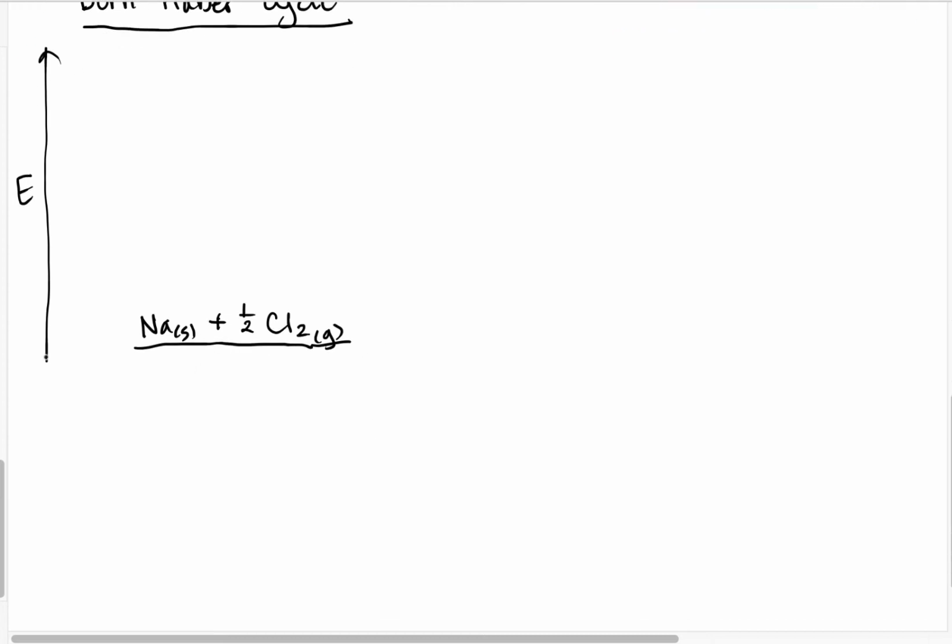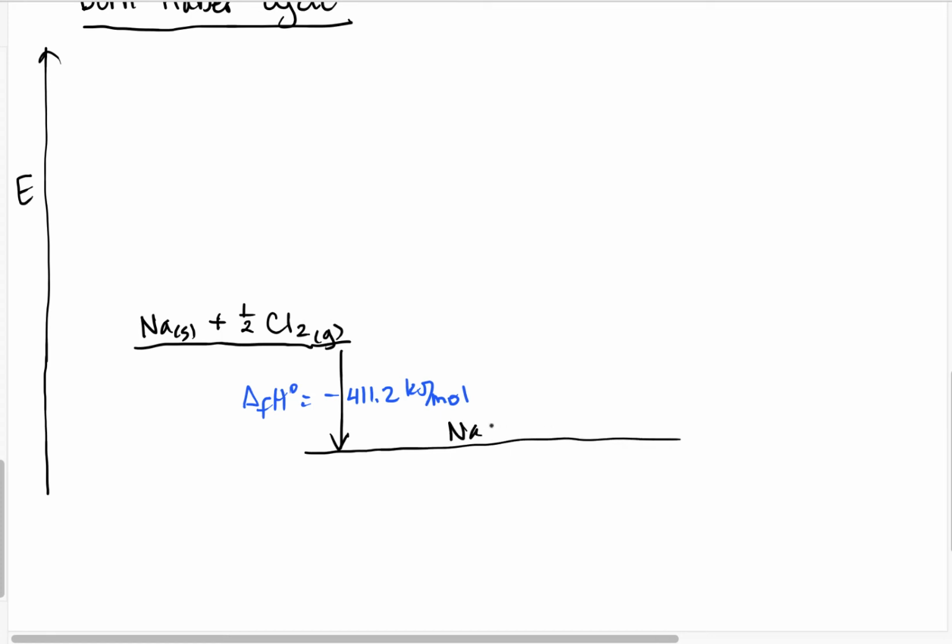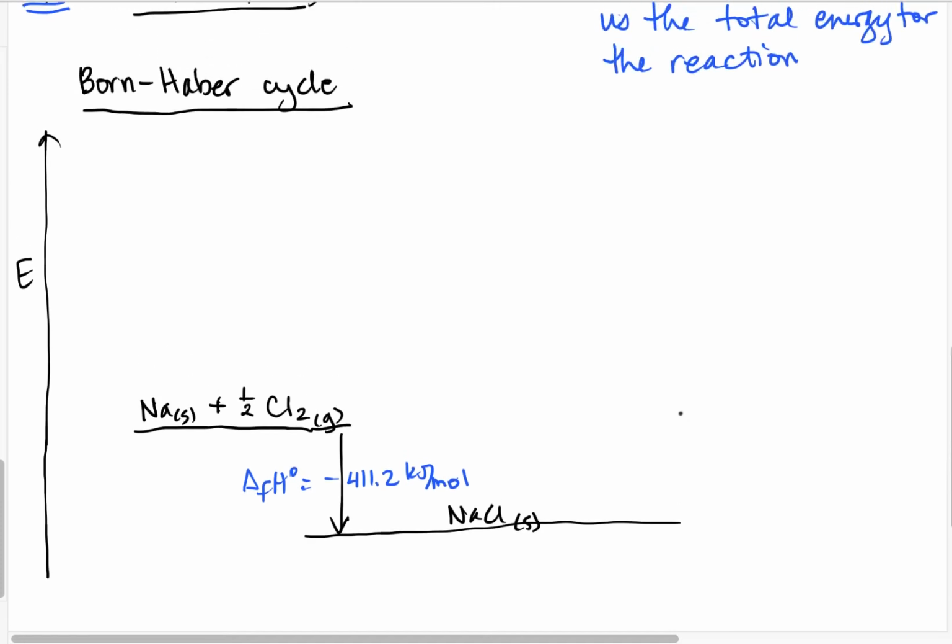And we're going to make sodium chloride solid, and that's going to release our formation enthalpy, which will be minus 411.2 kilojoules per mole. And so then we would be able to make sodium chloride as a solid. So this is just our regular formation enthalpy approach, right?